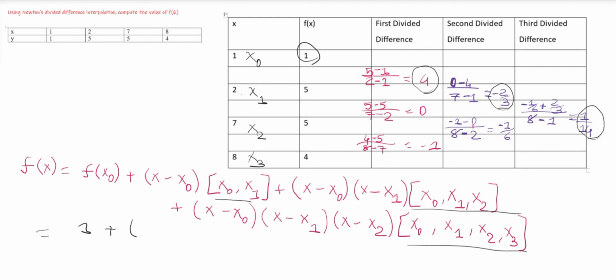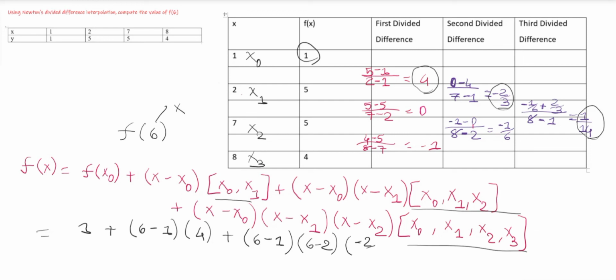You can even label this like this: x naught, x1, x2 and x3. X will be 6, so it will be 6 minus 1 into 4 plus 6 minus 1 into 6 minus 2 into minus 2 by 3 plus 6 minus 1 into 6 minus 2 into 6 minus 7 into 1 by 14.